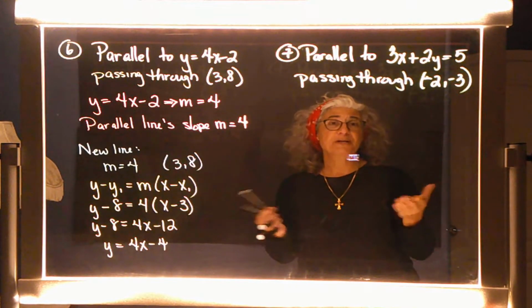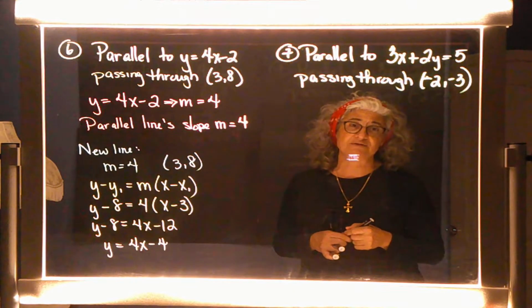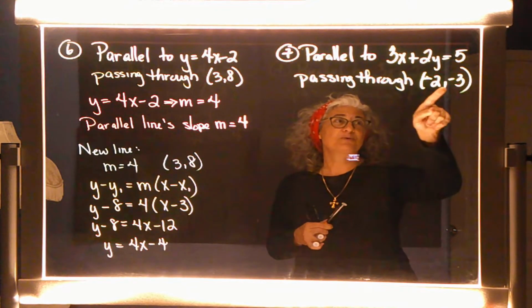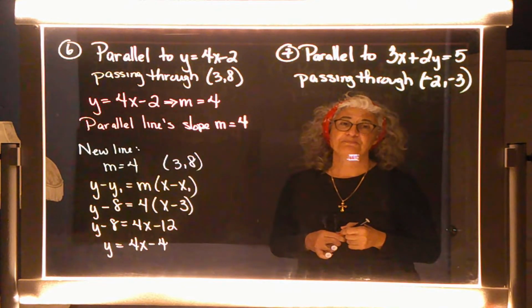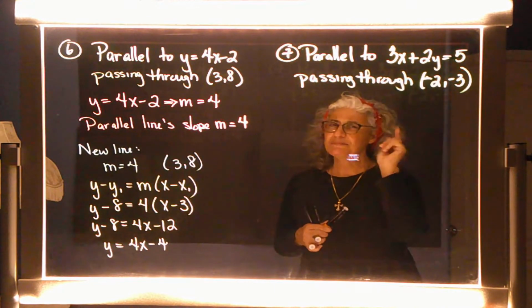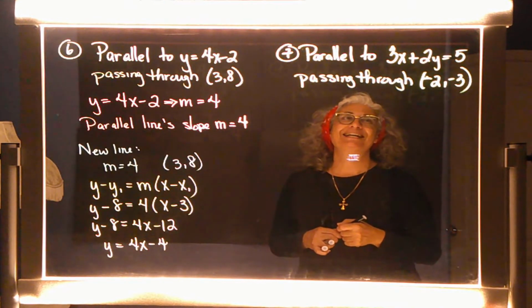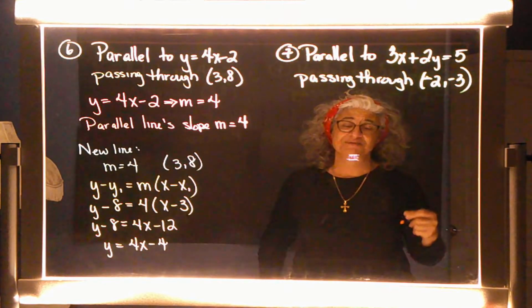Okay, let's go to problem number 7. They want another parallel line, and in this case, it's parallel to 3x plus 2y equals 5, and it's passing through the point -2, -3. Well, if it's parallel to this one, that means they have the same slope. And yeah, in this case, the slope is not obvious, is it?